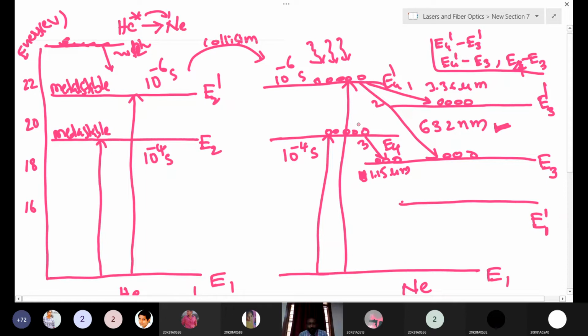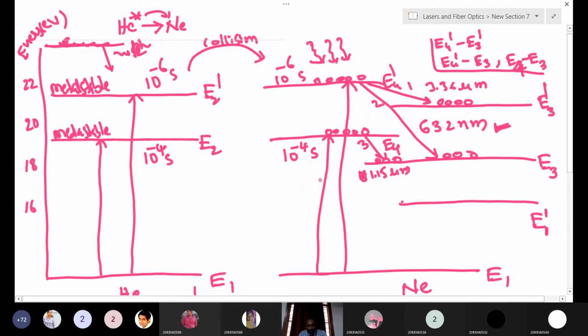What is the process going on here? First, we will excite the helium atoms. We are giving the same power to helium and neon, but helium gets excited easily. Neon atoms require more energy.